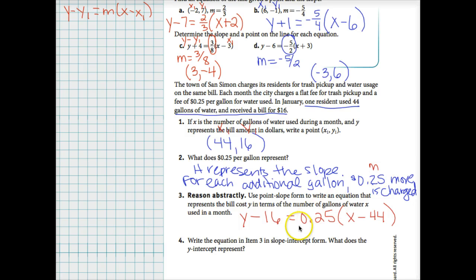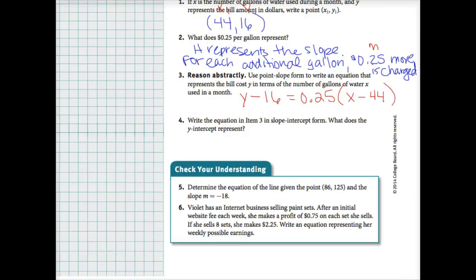Number 4, write the equation from item 3 in slope-intercept form. So this is important if we need to know the y-intercept, which happens a lot in real-life situations. So all I'm going to do is I'm going to rewrite the point slope form. And to get it in slope-intercept form, that means I need to first distribute.